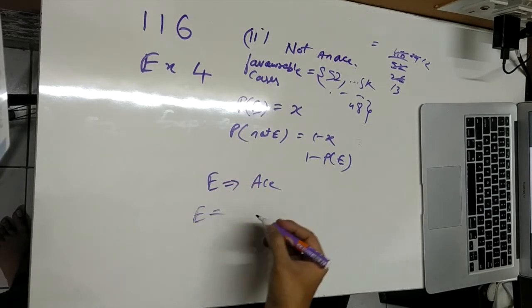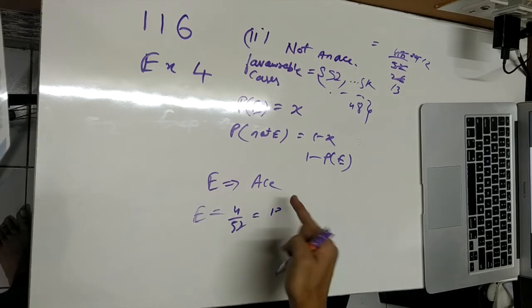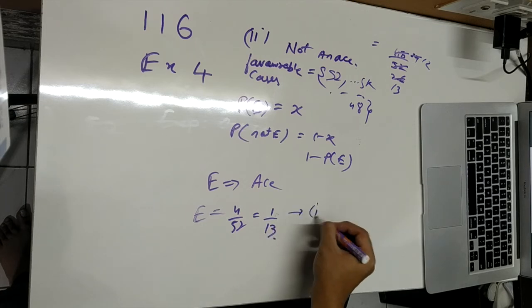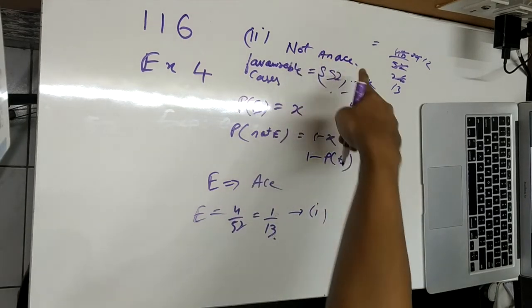We got 4 by 52, that is 1 by 13, for the first question. Then we want not E, because the second question is not an ace.